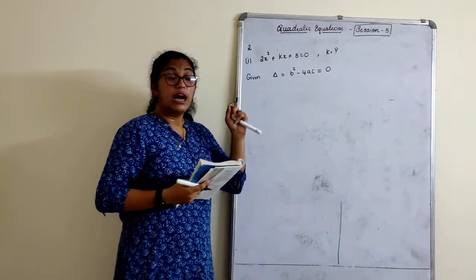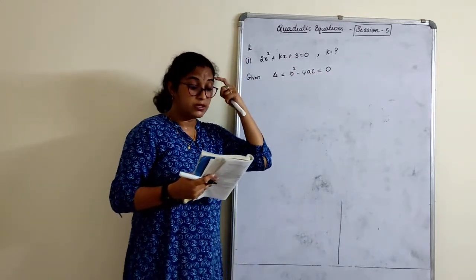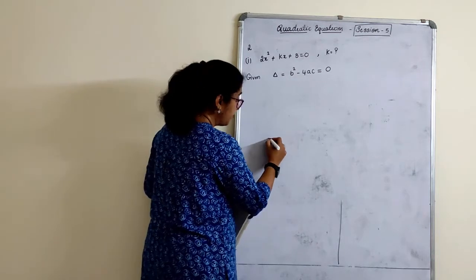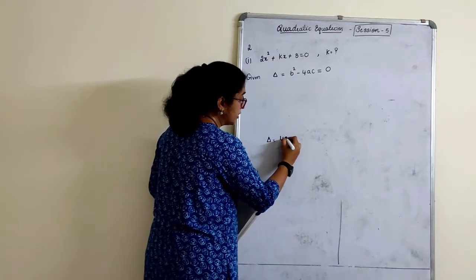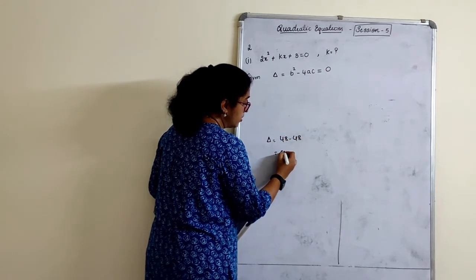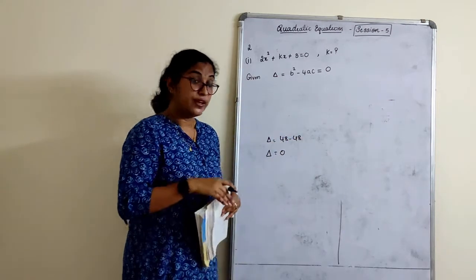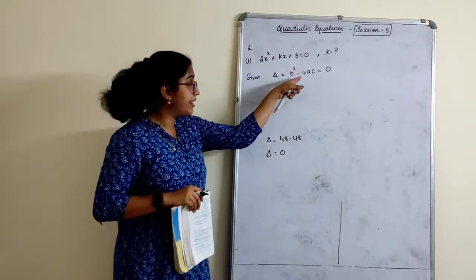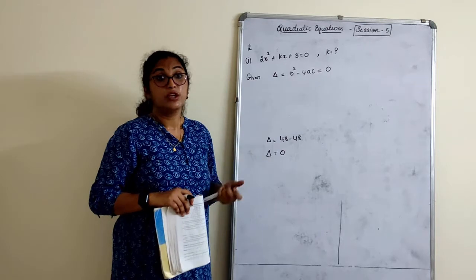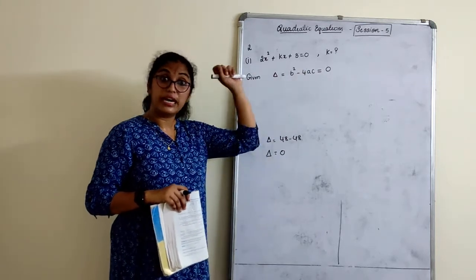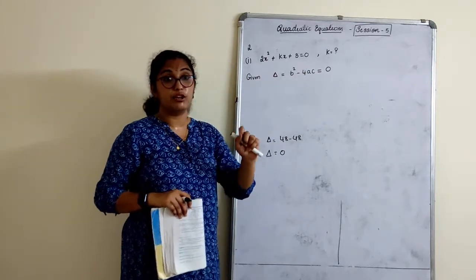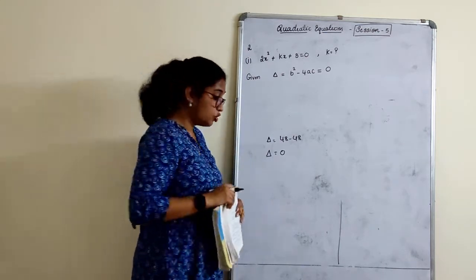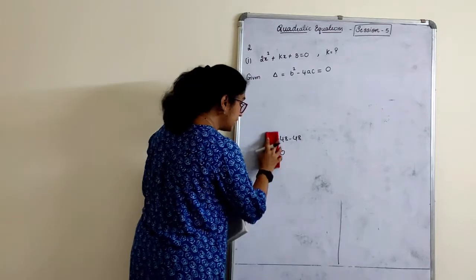What does it mean? In the second question that we solved, we got delta is equal to 48 minus 48 is equal to 0, no? In such a way, when I give some value for this k, put ABC values and find this, I will get answer 0. So without 0 we can't find it. So it has to be 0. This is the meaning of it. So always, finding an unknown, b square minus 4ac should be equal to 0 and that will be given.